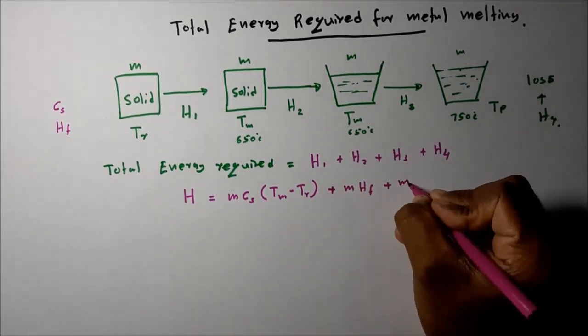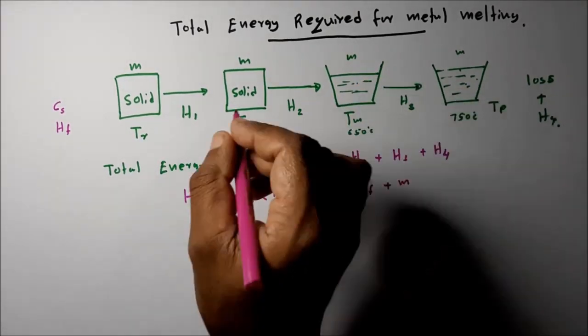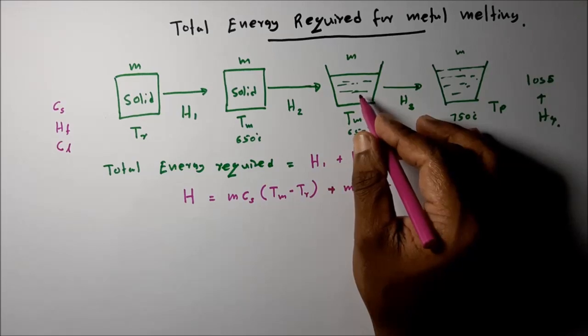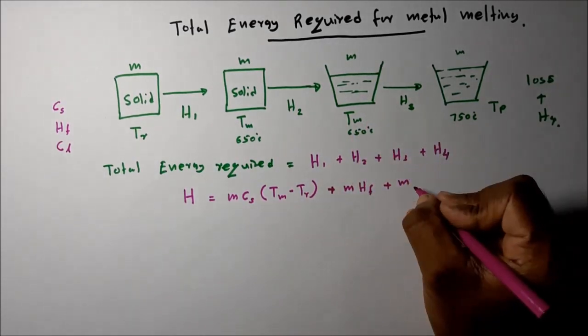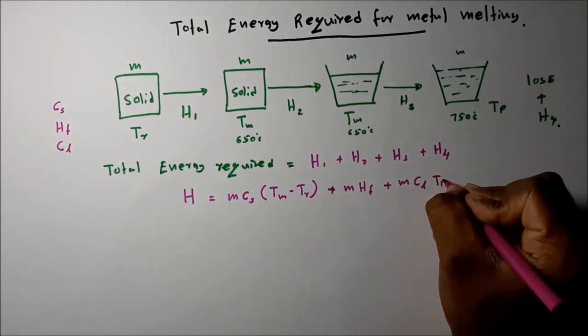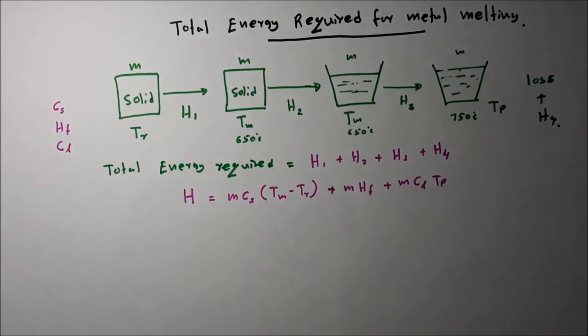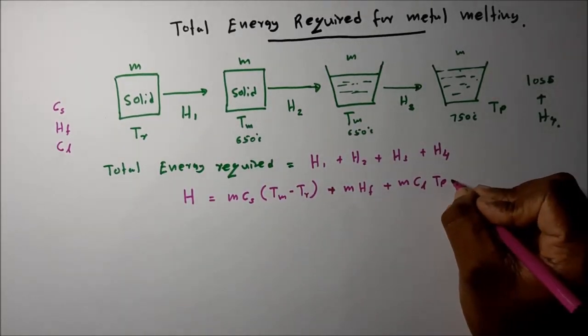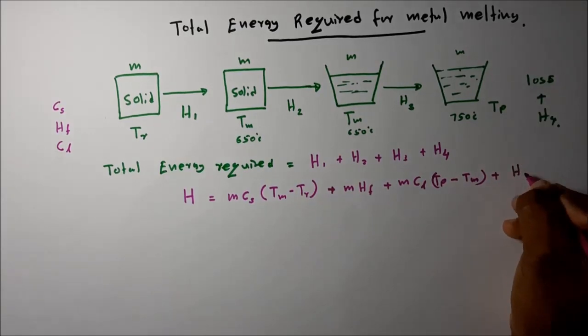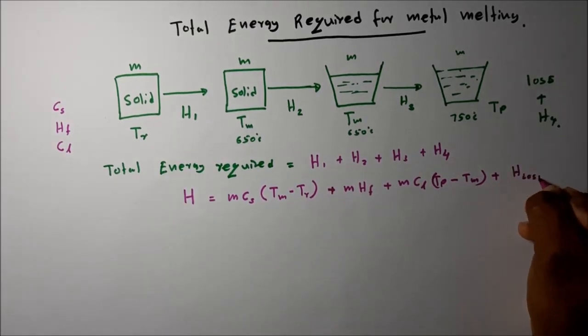The mass is the same. We should know CL, the specific heat of the liquid metal. Then to the pouring temperature TP: TP minus Tm, plus H loss.